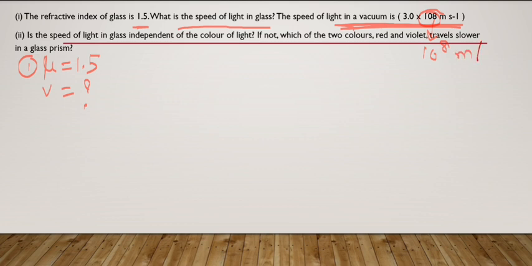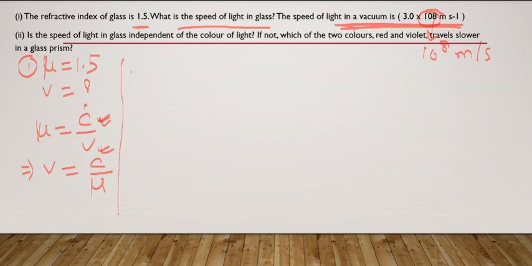Clear? Students, we know the formula that refractive index is equal to C upon V, where V is the speed of light in the glass, C is the speed of light in vacuum, and nu is the refractive index of the glass.